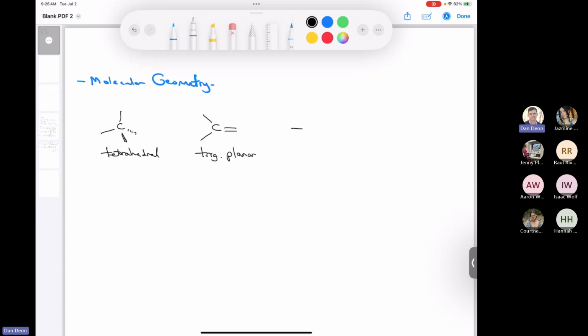And when you have a single bond and a triple bond, in that case, it's linear, right? And you want to know your bond angles: 109.5 degrees, 120 degrees, and then 180 degrees.